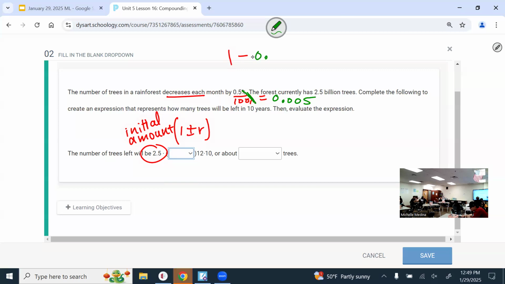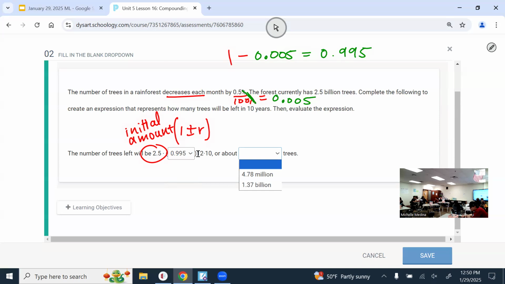And 1 minus 0.005 is 0.995. And that is what will be in the parentheses, 0.995. I'm not sure what this is. I don't know what this 12 times 10 is.